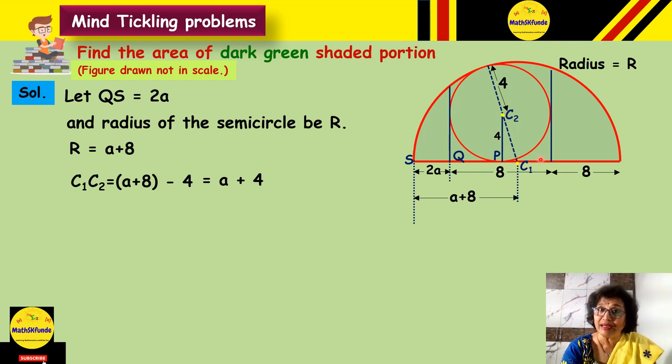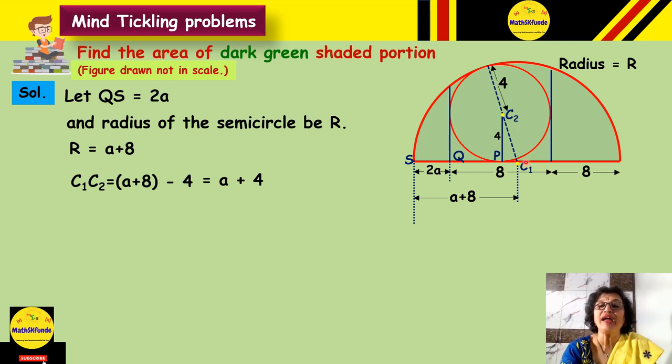This is a right triangle. We know C2P is 4, and C1C2 is a plus 4. The only unknown quantity at this moment is PC1. First we will have to find PC1, and then I may go for the Pythagoras theorem. These are the steps in my mind. Now, how do I get PC1?